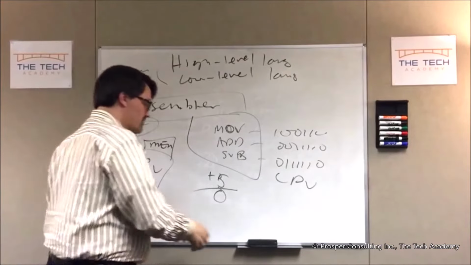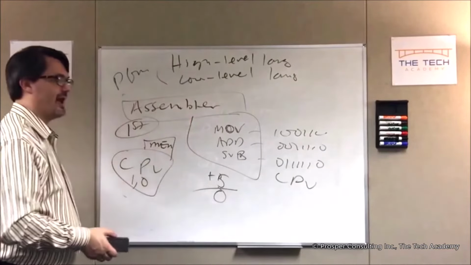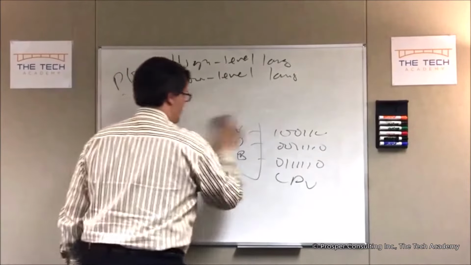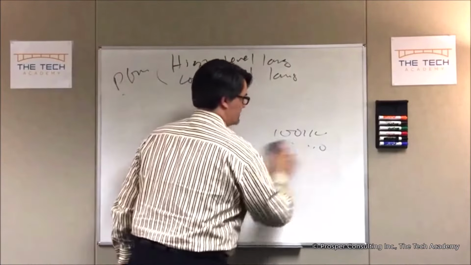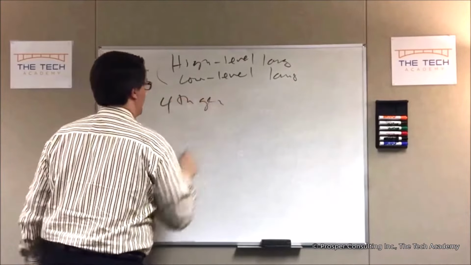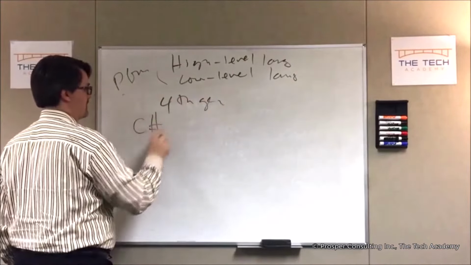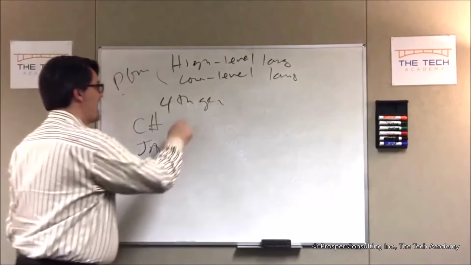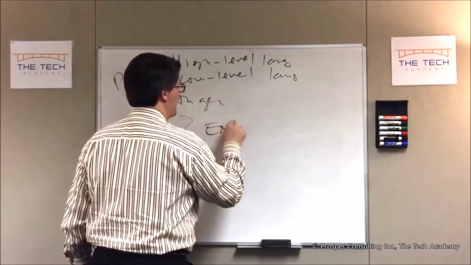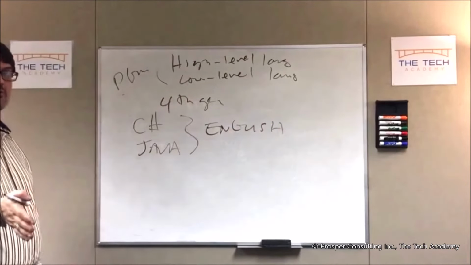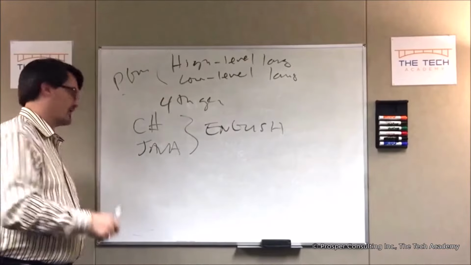Well, it's gotten progressively easier and more difficult over time. And here's what I mean: we're dealing now with what is generally agreed upon as 4th generation languages. And these are things like C# that you're going to learn, Java. These are 4th generation languages. And the thing about them is they read almost like English. When you're reading these things, you can generally surmise what the code is doing simply by reading through it.